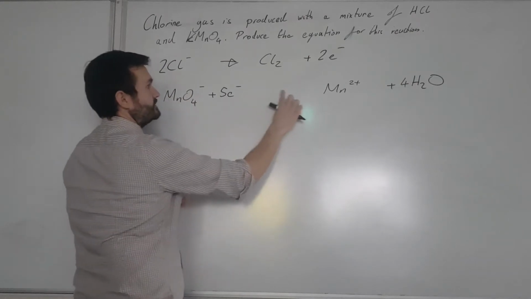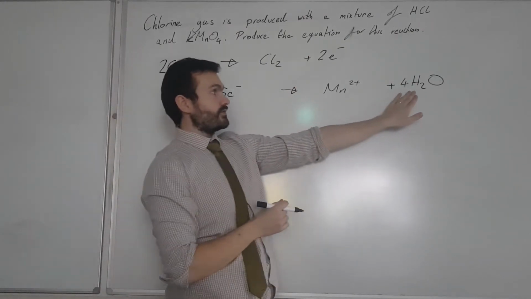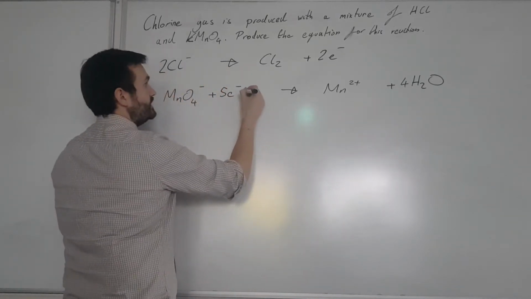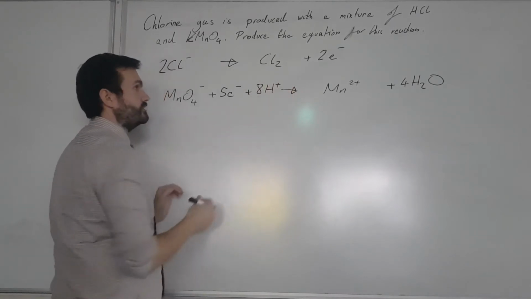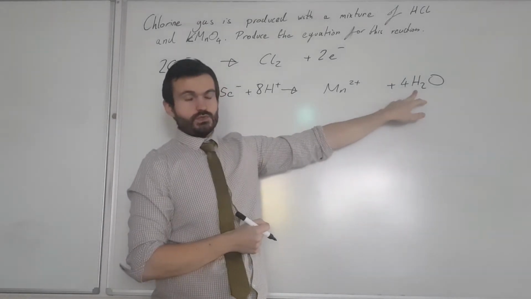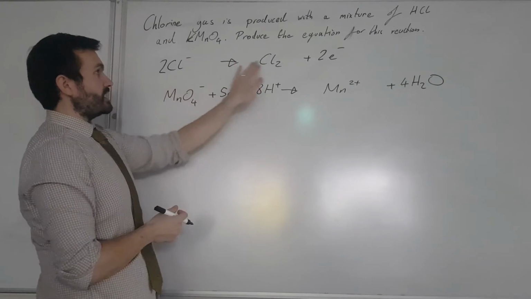What we now need to do is balance the protons. Because there are 4 waters, we need 8 protons, because each water has 2 hydrogens. So this is now balanced for mass, and this is balanced for mass.